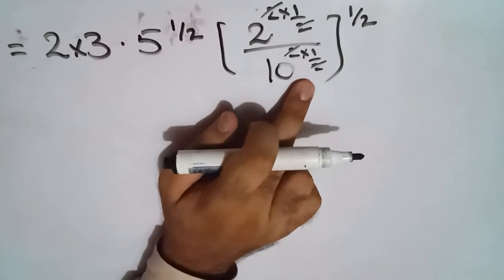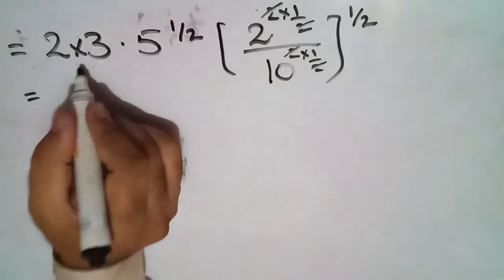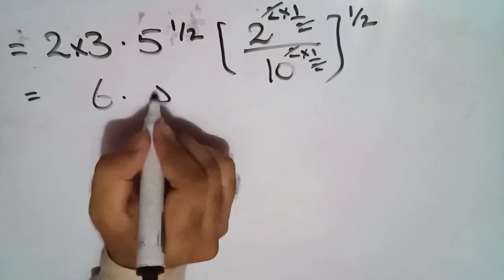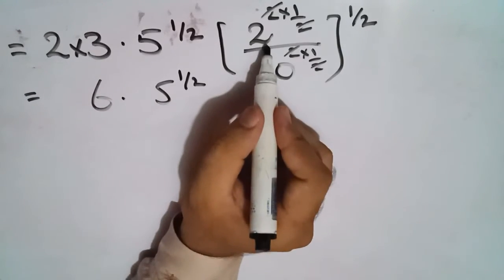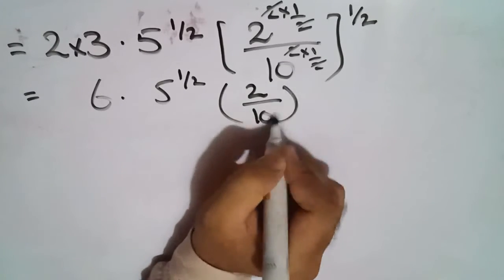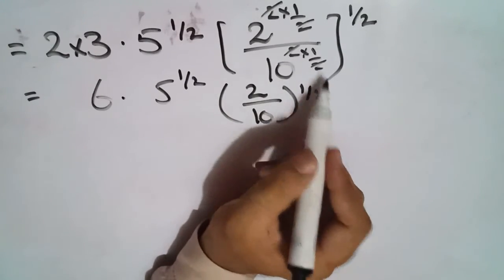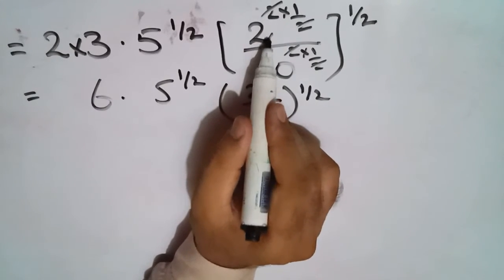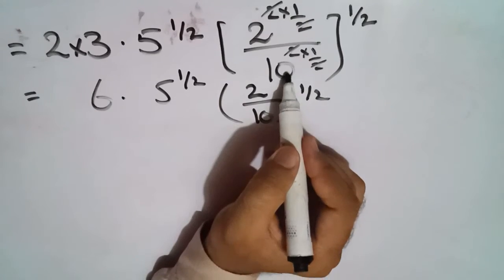By cutting these powers, we can simply write 3 2s are 6, 5 raised to power 1 by 2 as it is, and 2 by 10 whole raised to power 1 by 2, because by cutting these powers there will remain 2 raised to power 1 and 10 raised to power 1.